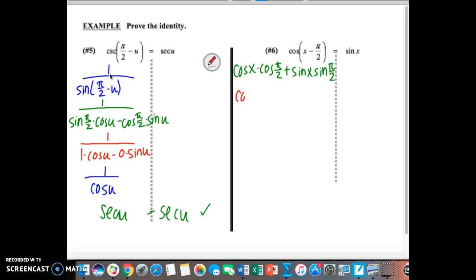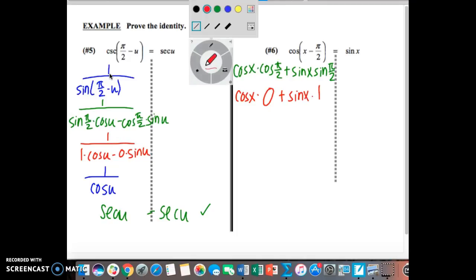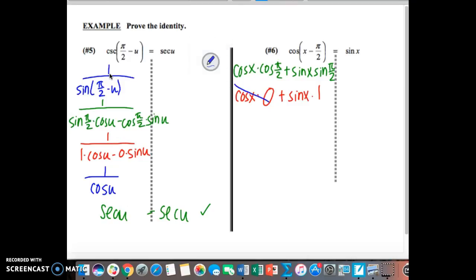So we still have cosine of x. Cosine of pi over 2 is equal to 0, so we have cosine of x times 0 plus sine of x times sine of pi over 2, which is just 1. So anything times 0 is 0, so we are just left with sine of x times 1, or just sine of x. So sine of x equals sine of x, and we successfully proved that.